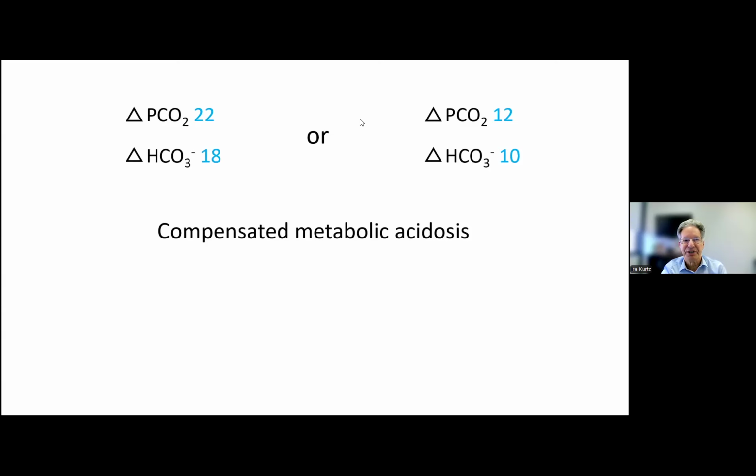So if we look just at the delta deltas, it works out to a compensated metabolic acidosis. A fall of 22 versus a fall of 18 is the same thing as a fall of 12 versus a fall of 10. So we can say for sure this patient has a compensated metabolic acidosis.